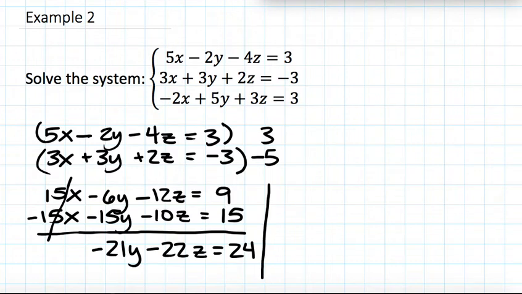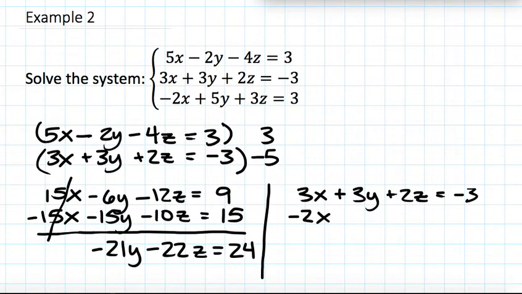Now I'm going to do the same thing with a different pair. So for my second pair, I'm going to choose the bottom two equations. I could also choose the top and the bottom equation to work with. What I can't do is choose the same pair that I chose before. So I'm going to start by writing out the bottom two equations.